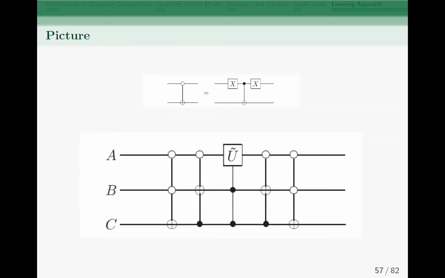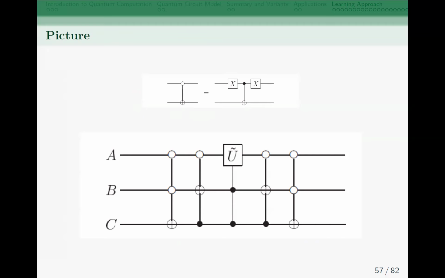A small detail here is that all these control qubits, their square equals 1. If there's no U tilde here, then these two squared will be 1, and these two squared will be 1.